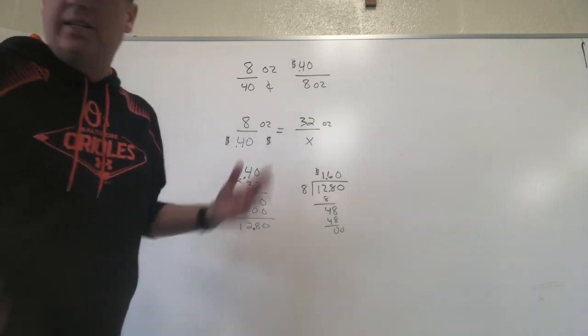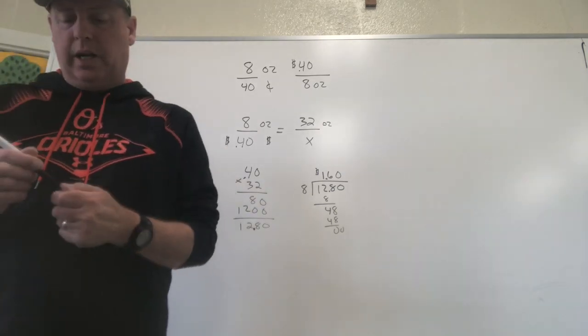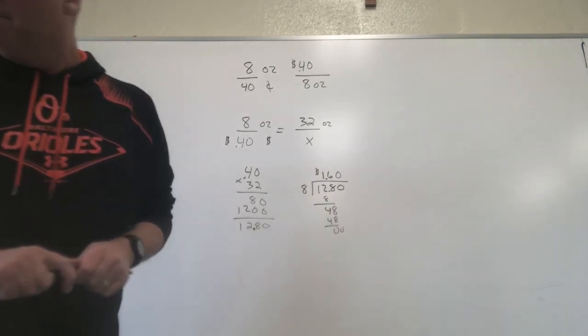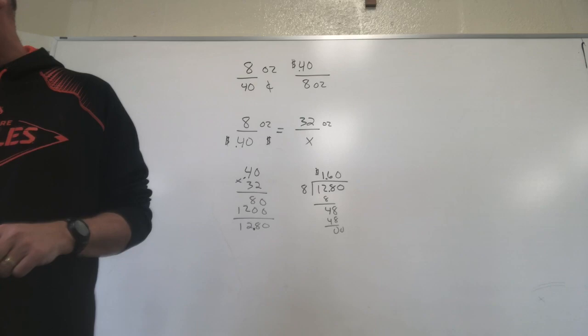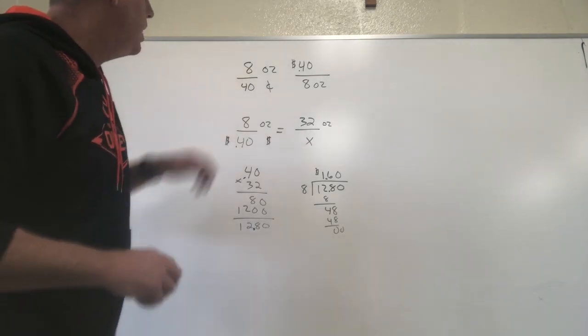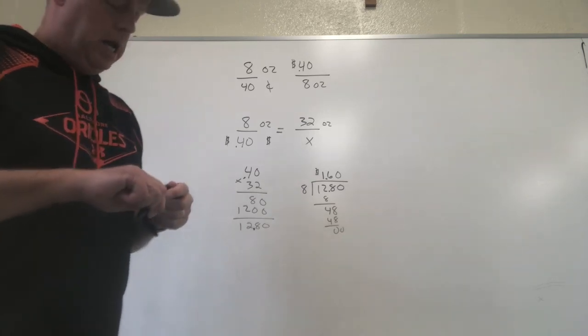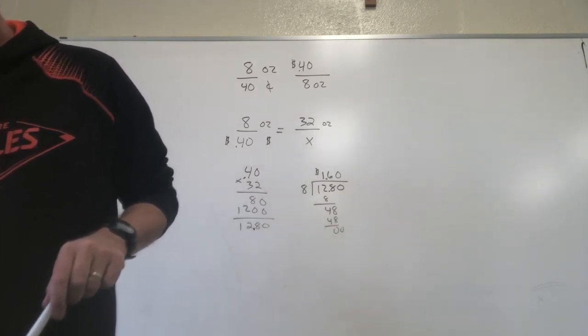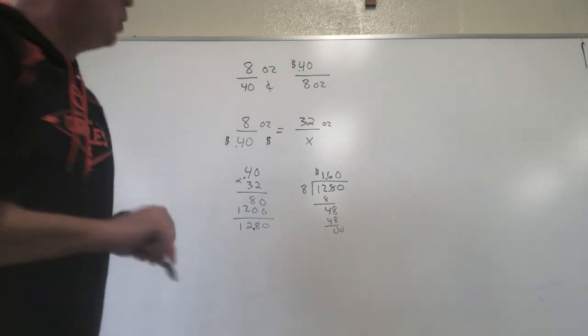So that's how that problem is done. It's pretty easy. It also asks, what if I had the same number, 8 ounces cost 40 cents, how much of the product would I get for $1.20?